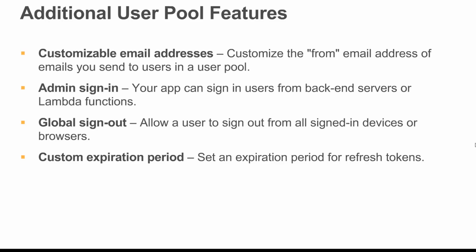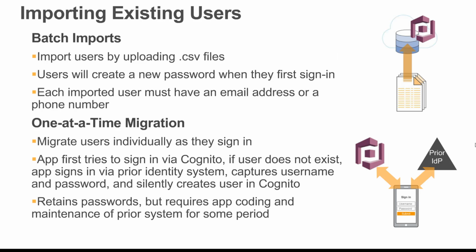We've got the ability to globally sign out users and also the ability to customize the expiration period for refresh tokens. And that determines how frequently a user is going to have to come back and sign in again when they come back to use your app.